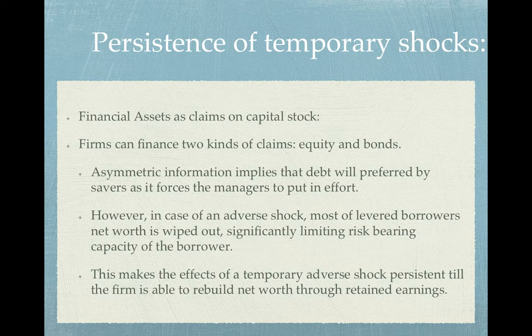So, when it is difficult to observe the actions that the managers would take, it is much safer for investors to invest in a security that guarantees them some payment. On the other hand, equity doesn't guarantee you any payment. It could give you a higher rate of return, but over a long period.